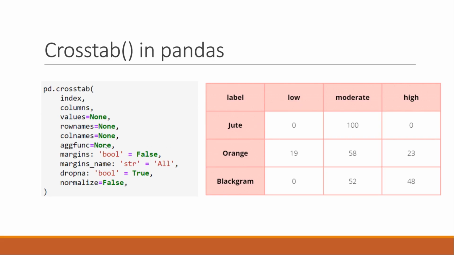Let's suppose I have written mean over here, then the mean value for this will be calculated. So it will be applied on each row of the column. Dropna is, if I want to drop all the missing values, then I can set it to true. By default it is true. You can set it to false as well in case you want to keep the missing values. So let's just jump into our Jupyter notebook to see all of this in action.